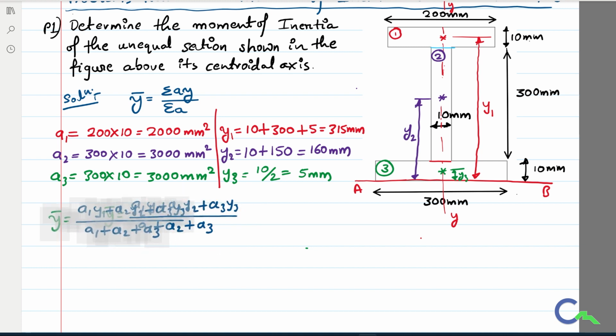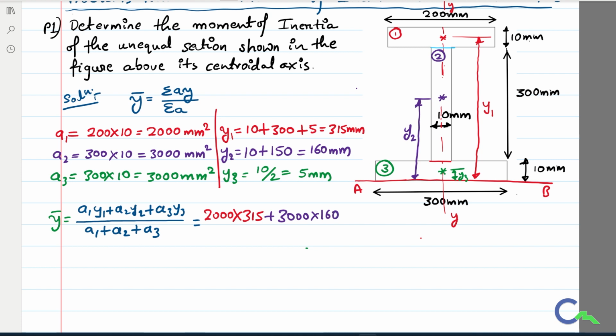So I'm going to substitute all the values here. So it is 2000 into 315 plus 3000 into 160 plus 3000 into 5 mm.